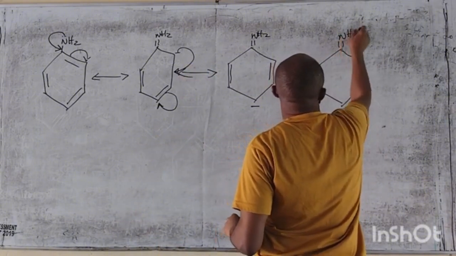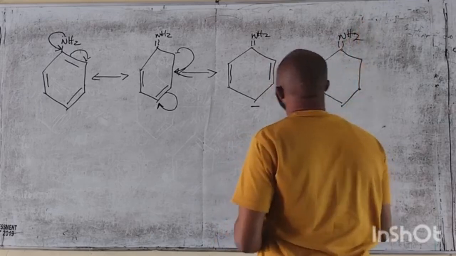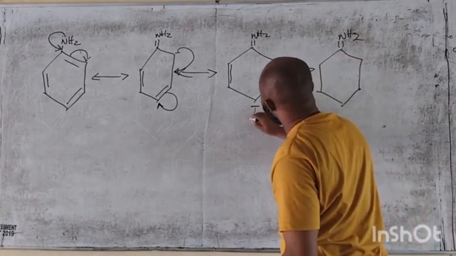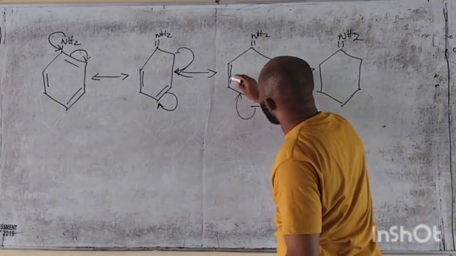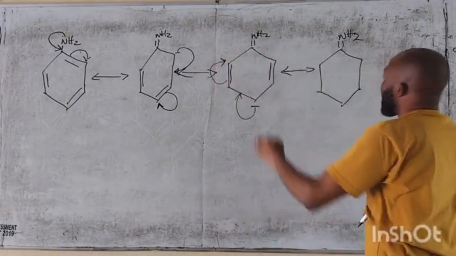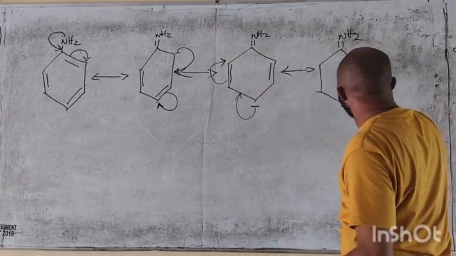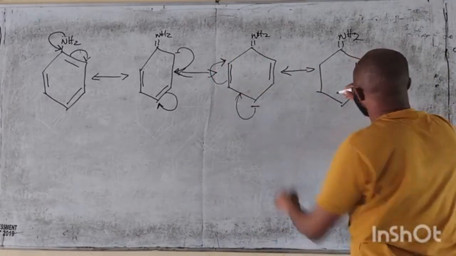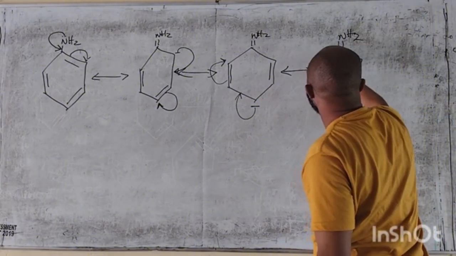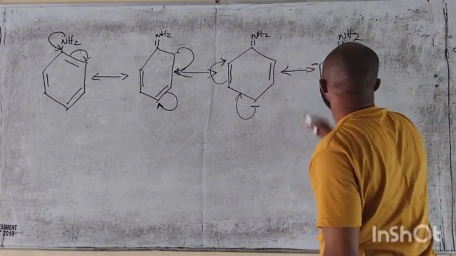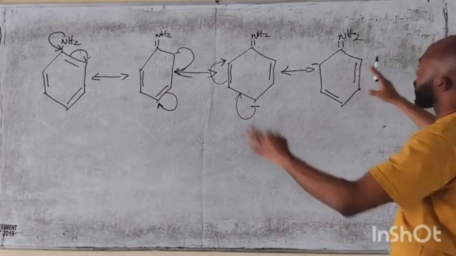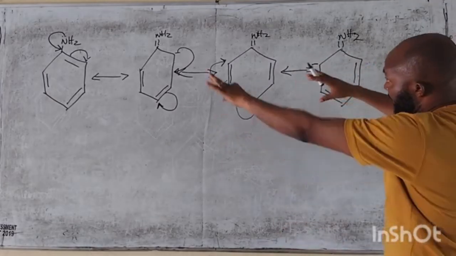My NH2 is here already. So this is what I'm having now. If I move this one here, I can now move this one here. So when that happens, this one is here already. This one moves to this place, and this one moves down here, which becomes a negative charge. And this is what I have in the canonical structure of that amino group.